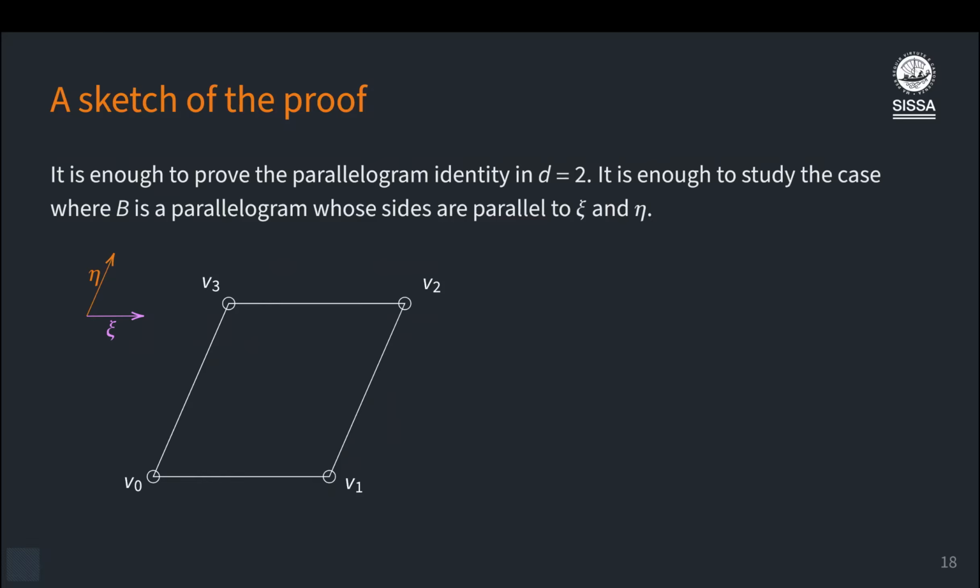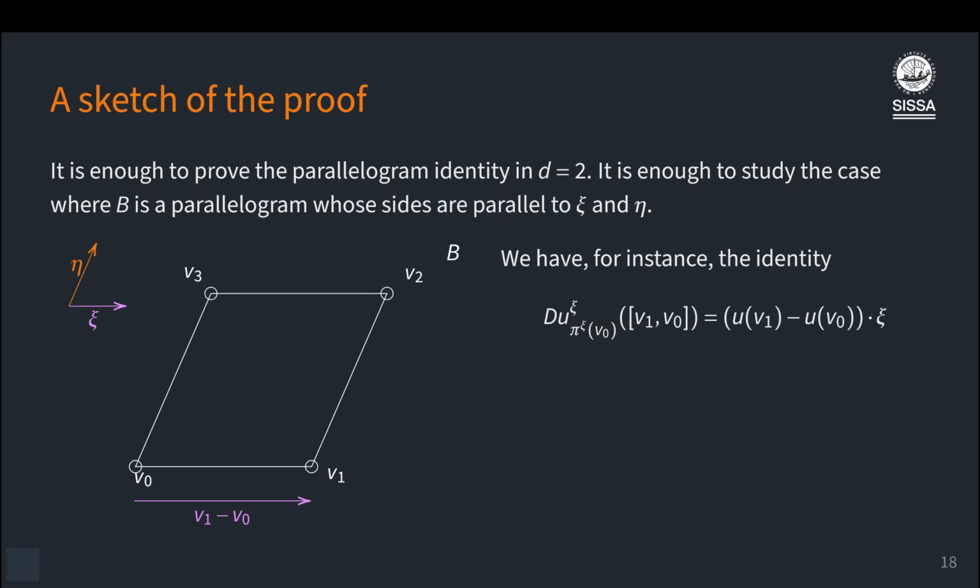So the real case is when B is a parallelogram whose sides are parallel to psi and eta, which we may assume to be not parallel. Otherwise, the parallelogram identity is too homogeneous once again. Well, the key observation is we can use the fundamental theorem of calculus.